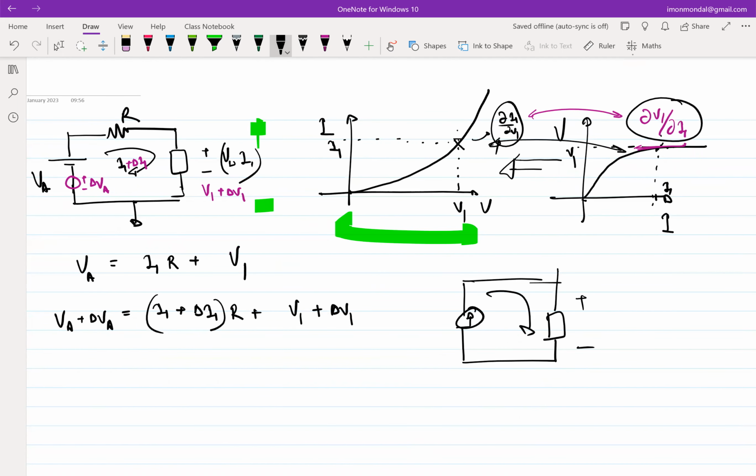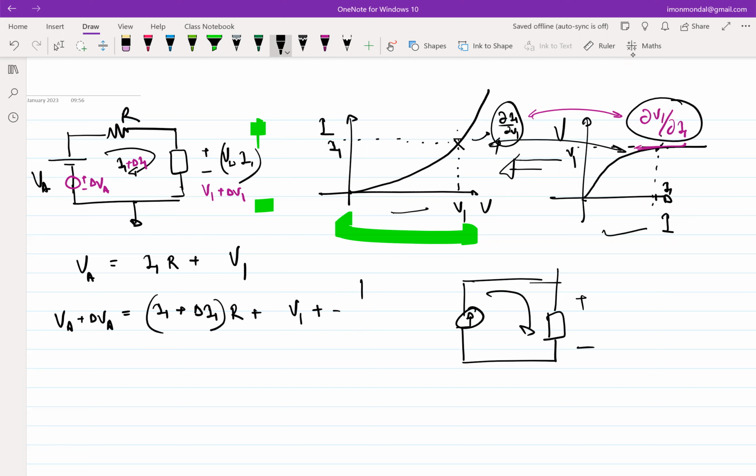So now when I have to replace this delta V1 with something proportional to delta I1, which quantity am I looking at? Which plot am I looking at, the plot on the left or the plot on the right? The plot on the right, because I am trying to figure out how to replace delta V1 with something times delta I1, right? If you are given the plot on the left, it doesn't matter.